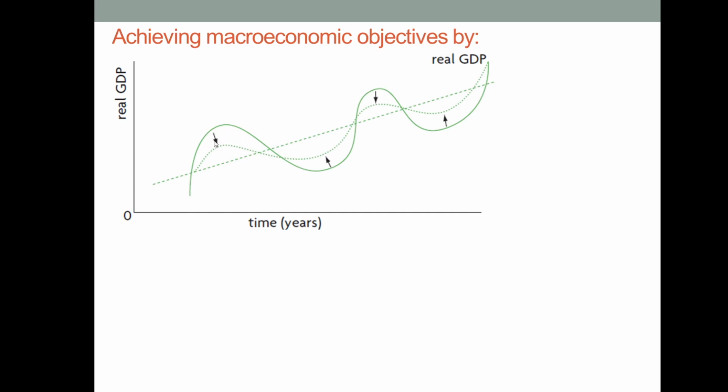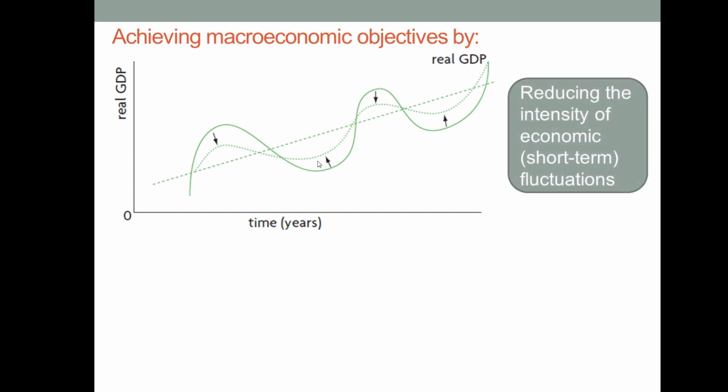If we push down the inflationary gap a little bit more, and push up the deflationary gap a little bit more, then we are getting closer to what the potential output, the potential growth, looks like. So this is what we can do.